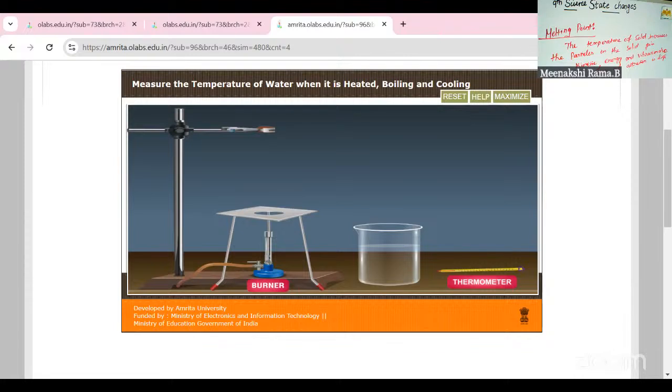The temperature at which this happens is called the melting point. The temperature at which the ice turns into water is called the melting point of water. So what is the concept of melting?